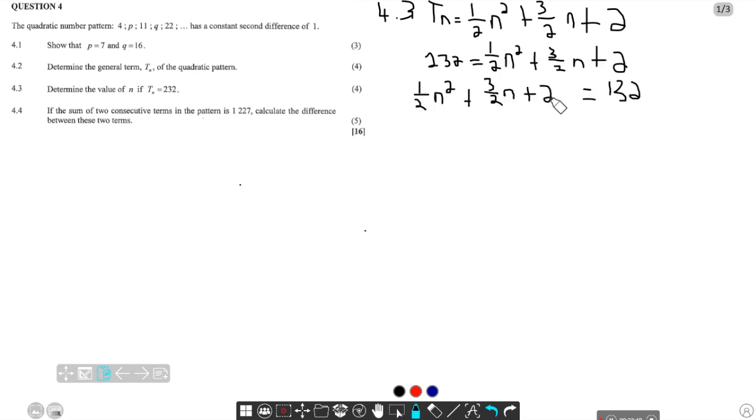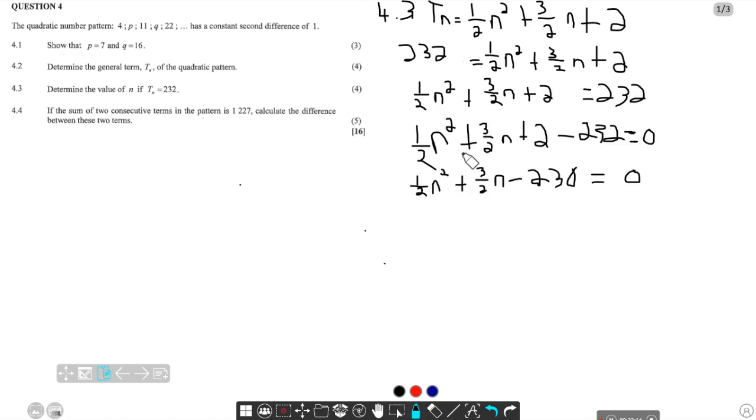Now since we are looking for n, it's like we're looking for x, right? We need to solve this in a quadratic way. Basically, what are we going to do? We're going to have to factorize, right? So we're going to have 1 over 2. So we're going to transpose 23 and make that side equal to 0, right?